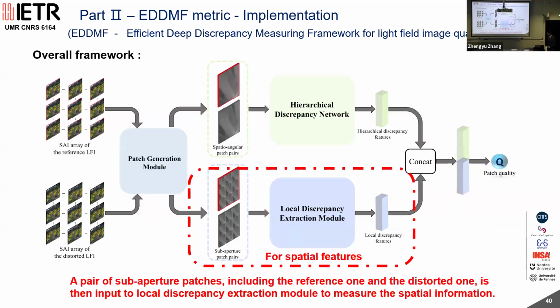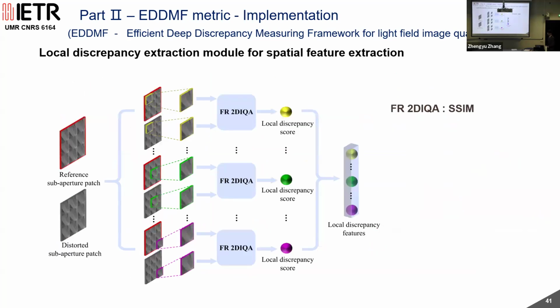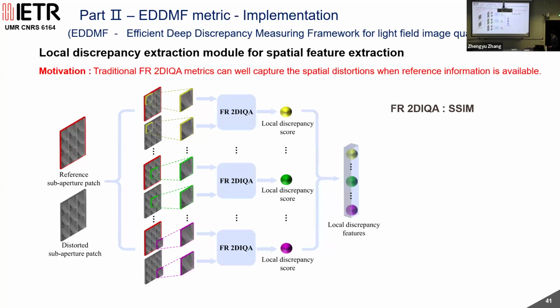And then a pair of the sub-aperture patches, also including the reference one and the distorted one, is input to the local discrepancy extraction module to measure the spatial information. Here, to extract the spatial features, we propose this simple but efficient module. The motivation is that we observe that the traditional full reference 2D image quality assessment metrics can already capture the spatial distortions when the reference information is available.